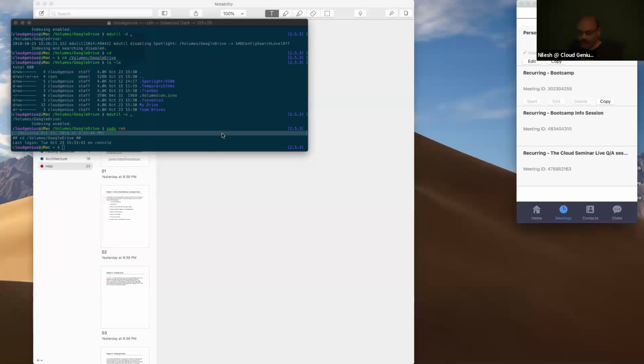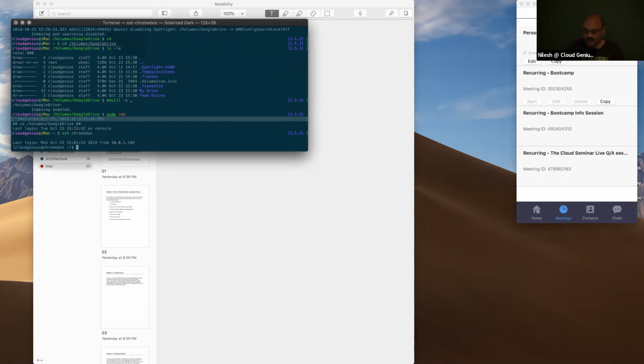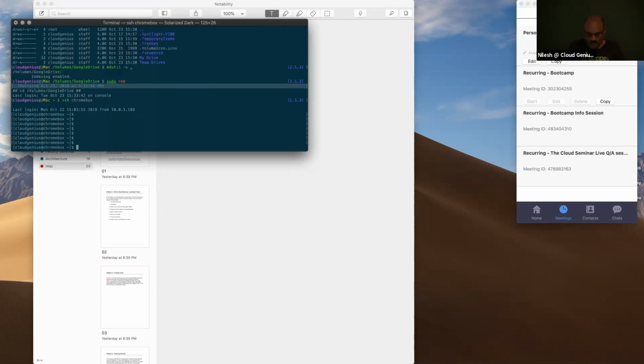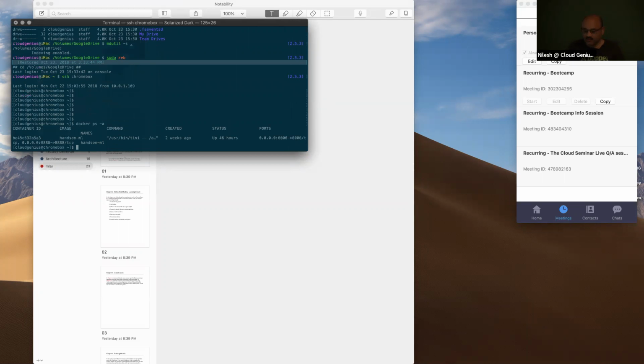So there we go. Starting to project my screen again, and connecting to that remote computer where I have the notebooks running, checking whether the notebook system is actually functional, and then opening up Firefox to get to that notebook section.